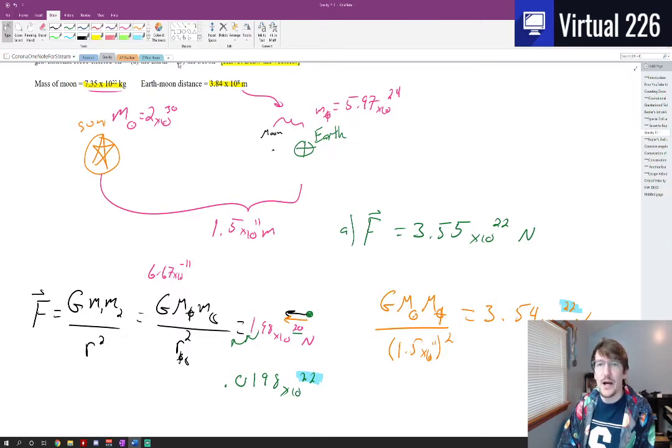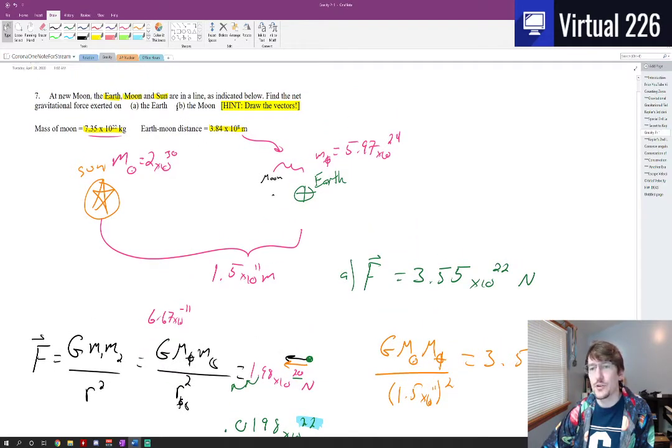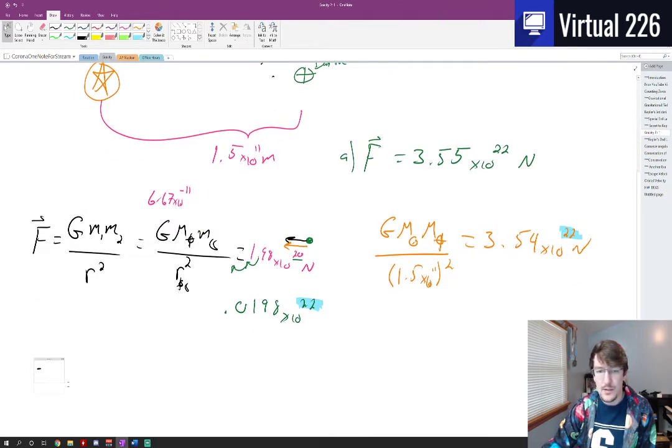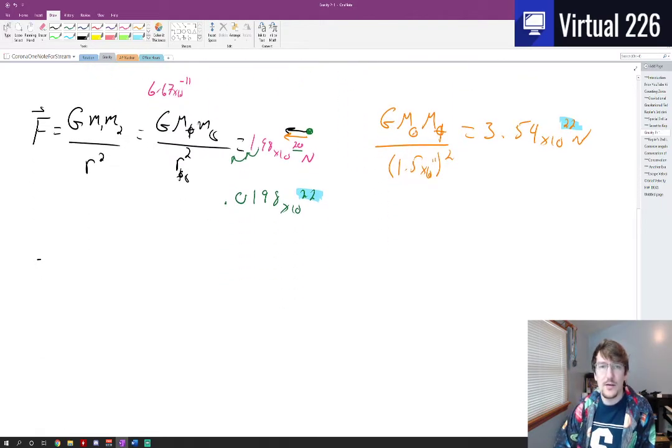It's really whatever. For part B, we're trying to figure out the force exerted on the moon, and in this case, we don't have to do a whole lot of extra math. The only thing that changed in part B is that the moon is between the Earth and the sun, which means the moon is going to have the same force that the Earth had pulling on it.